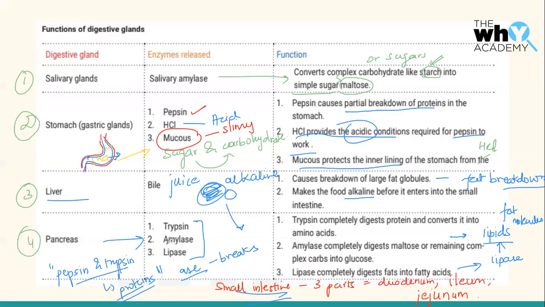Similarly, amylase has come from the word amylose because it breaks down amylose. I don't know if I'm making any sense or I'm just confusing you further. Okay. Basically, what I'm trying to say is that these words have come from the substance which is being broken down.